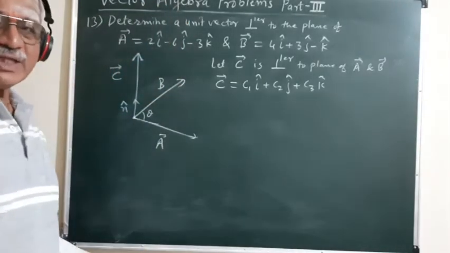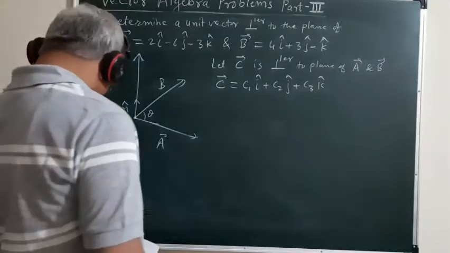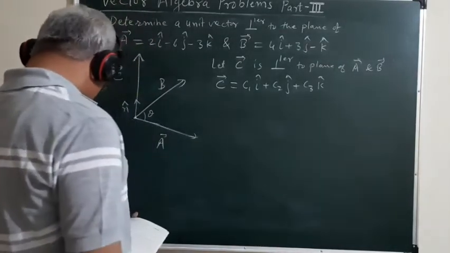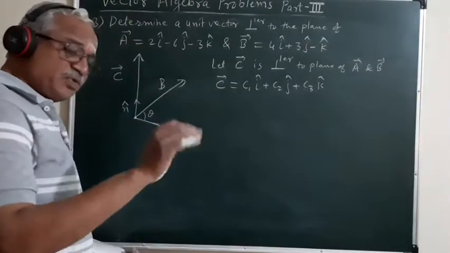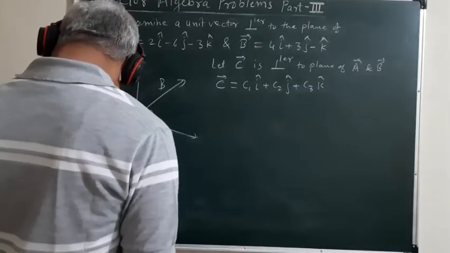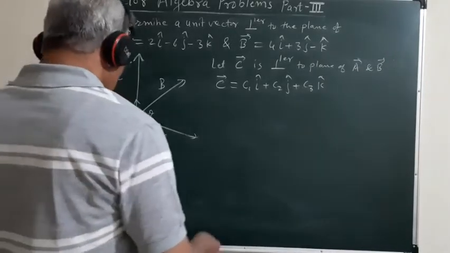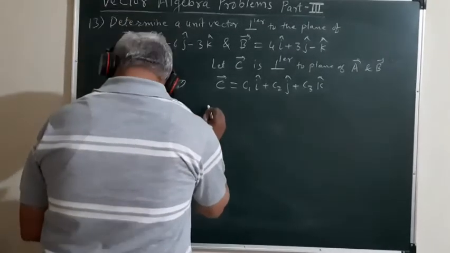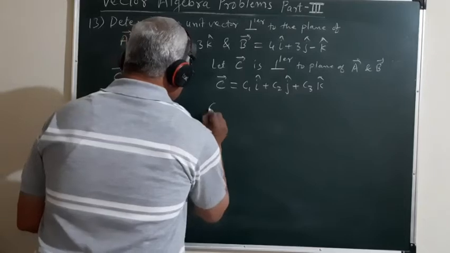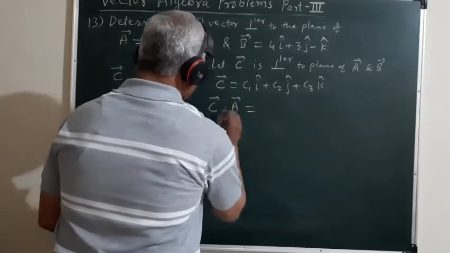By solving these two equations simultaneously, we can find the values of C1 and C2 in terms of C3, and we can find the unit vector in the direction of the vector C bar. So let us first find the dot product C bar dot A bar.